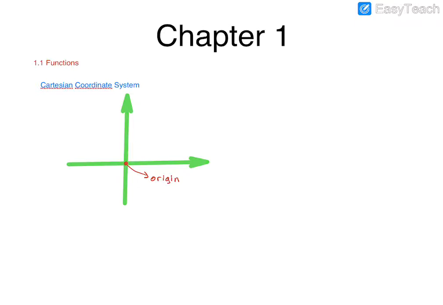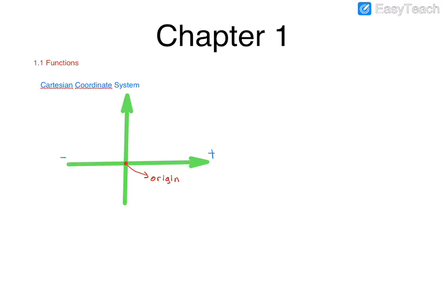Sometimes the horizontal axis is called the x-axis and the vertical axis is called the y-axis. The right side of the horizontal axis is usually chosen for the positive direction, so this direction is the positive direction.